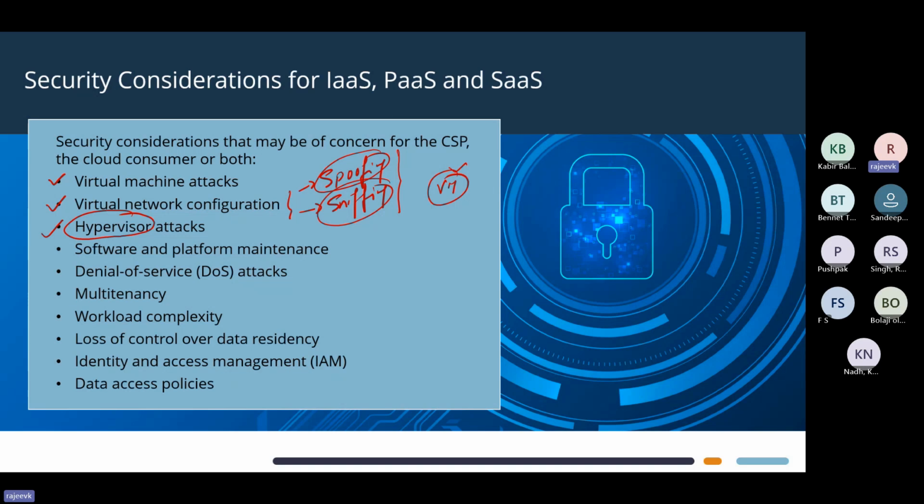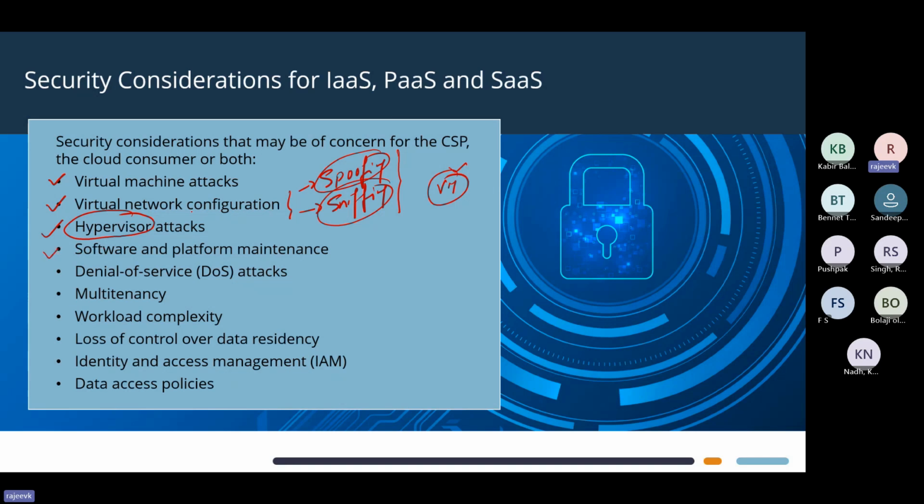I mean, think about a situation where tomorrow you discover news that the Azure hypervisor got compromised, right? The majority of customers will immediately cease business with them. Why? Because if they cannot secure their platform, how can they secure your infrastructure which is running on that platform, right? So it's very important that they secure the same.